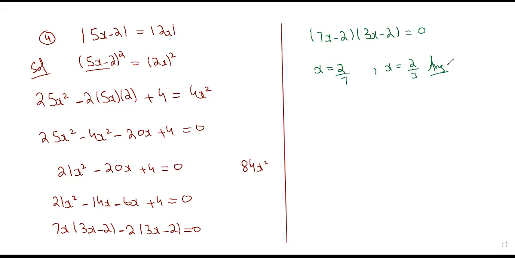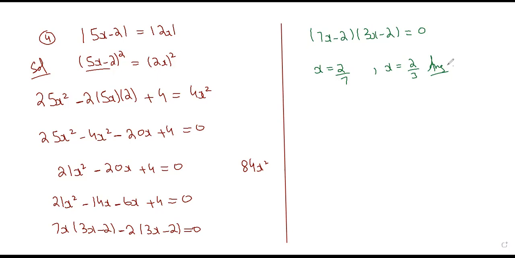And for now we know the modulus function is basically defined to convert any negative number to a positive number, and if that number is positive, the modulus function would not make any difference. Lastly, it could be any inequality, it could be a simple equation. The modulus function is basically going to help you convert that negative thing to positive.